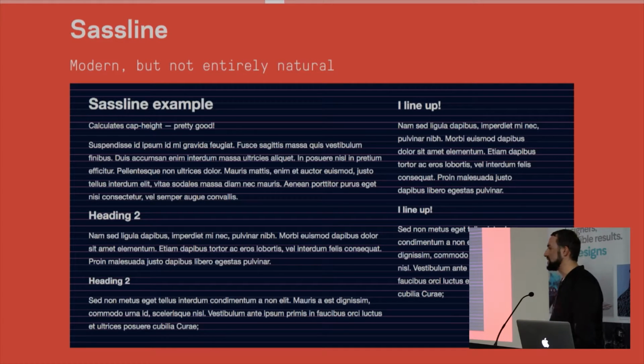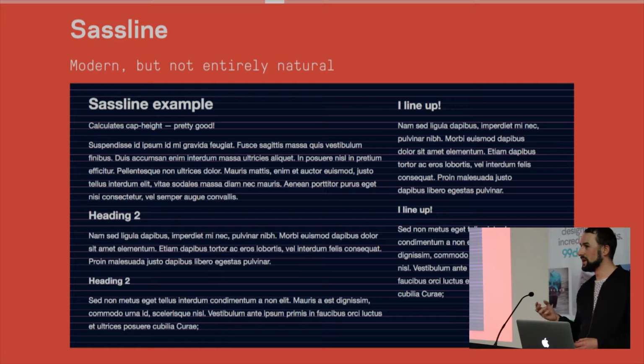The way that it does this is that it takes a quite detailed config for each of the typefaces that you're using in an application. And what that config uses, most importantly, is a metric about the cap height of the text.